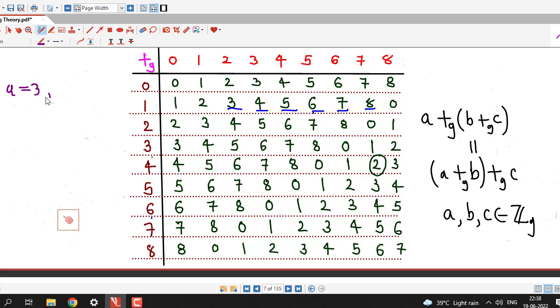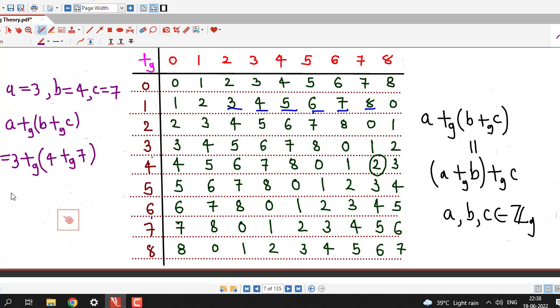Suppose I consider A equal to 3, B equal to 4 and C equal to 7. Then I want to check A plus B plus C under addition modulo 9, with A equal to 3, and B plus C, that is 4 plus 7.